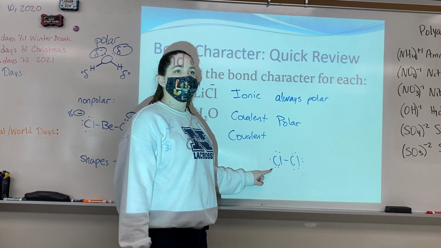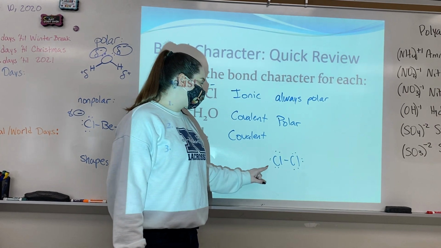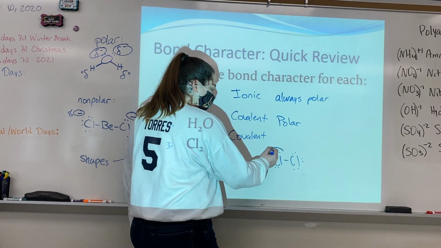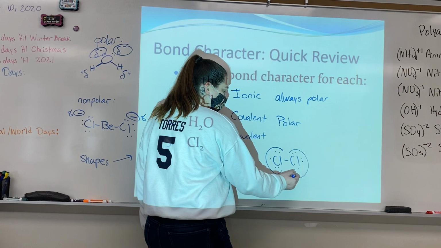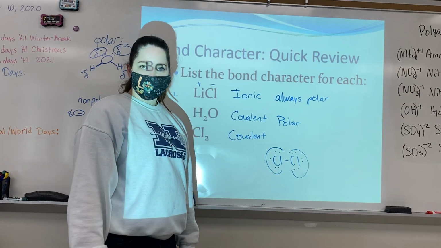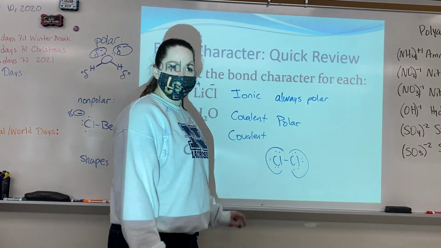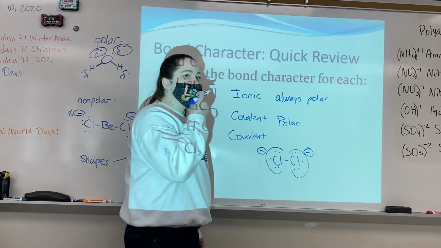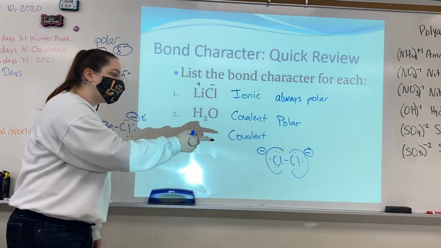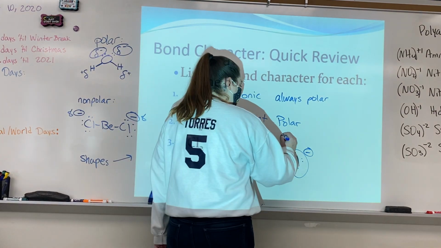I'd say this is non-polar, because you have a bunch of dots here and a bunch of dots here. Anytime you see dots, that is going to be a negative sign. Because you have negative signs on either side of your compound, that makes it a non-polar substance.